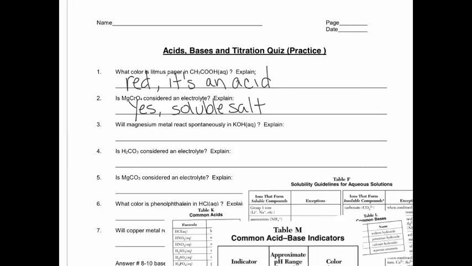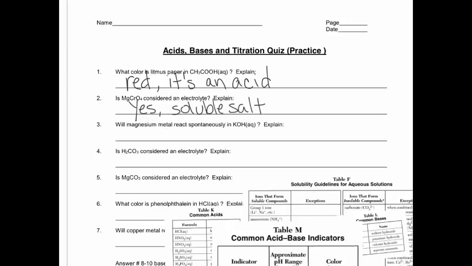Electrolytes are acids, bases, and soluble salts. Next question is, will magnesium metal react spontaneously in KOH? We said previously in the notes that most metals, all those except for the ones below H2 in table J, which are copper, silver, and gold, will react spontaneously in acids. This here is not an acid.